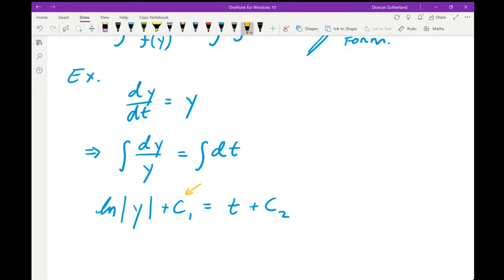Often you don't bother to write out two of these constants of integration, because you can see that we can just take a constant of integration, c2 minus c1. That's still a constant.